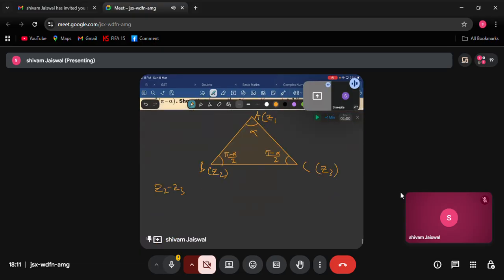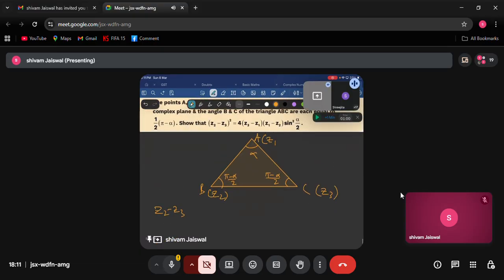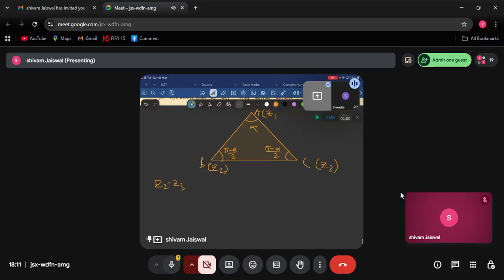Over here, it is not given that BC is equal to AB or BC is equal to AC. We don't know. So over here, we need to use the previous one. We need to take the unit vector, right? So the unit vector along Z2 minus Z3 is Z2 minus Z3 divided by mod of Z2 minus Z3.